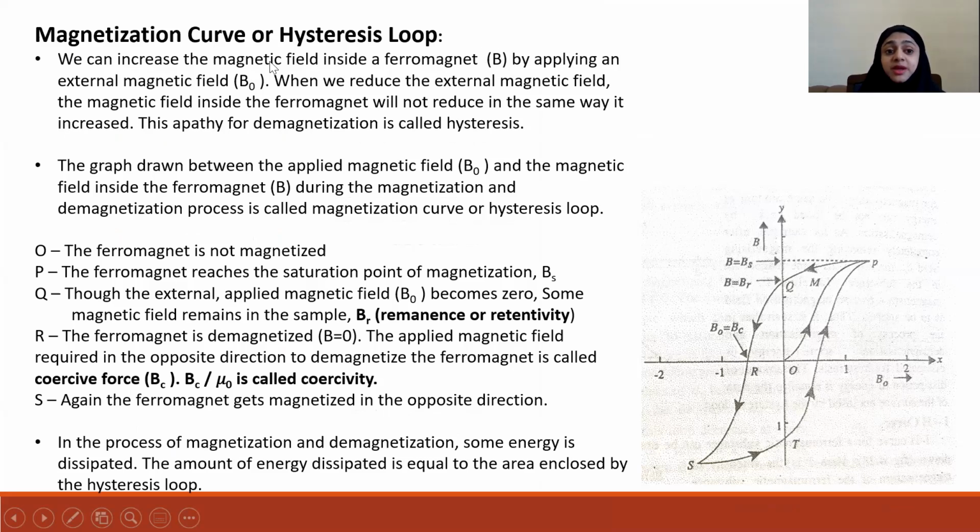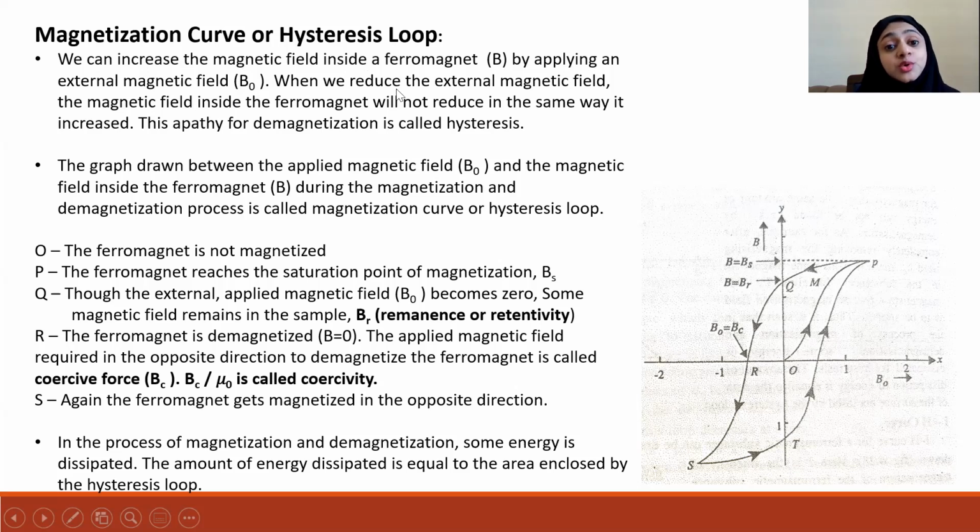B represents the magnetic field inside a ferromagnet, and B naught represents an external magnetic field. So we can increase the magnetic field inside a ferromagnet by applying an external magnetic field.